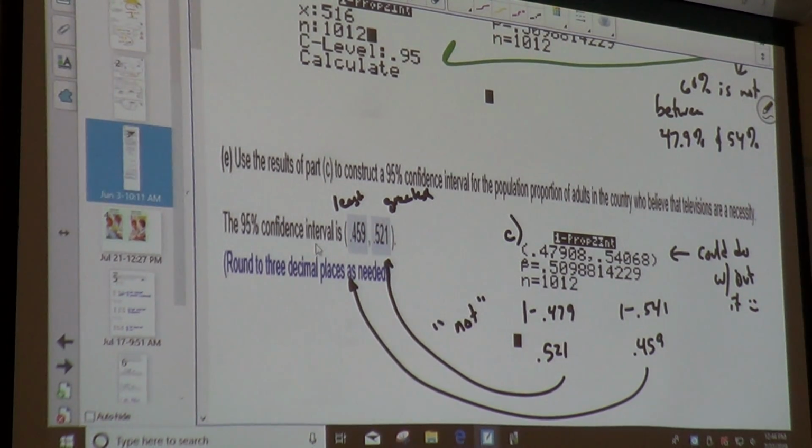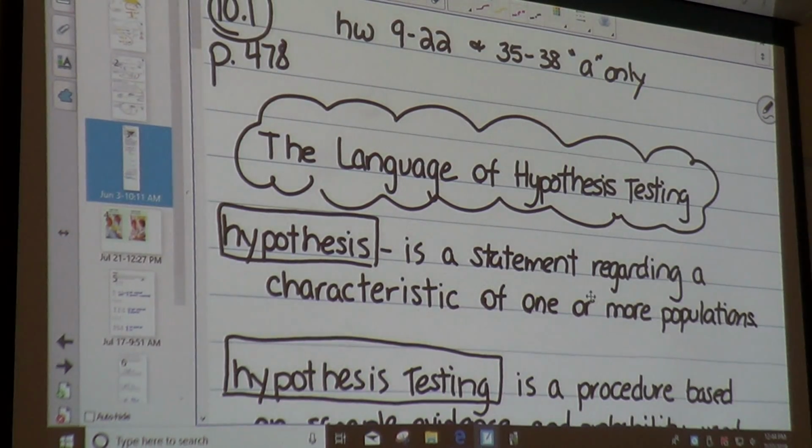All right, so 10.1. We're going to talk about, and we aren't doing that one. This section is actually super duper easy. This is hypothesis testing.